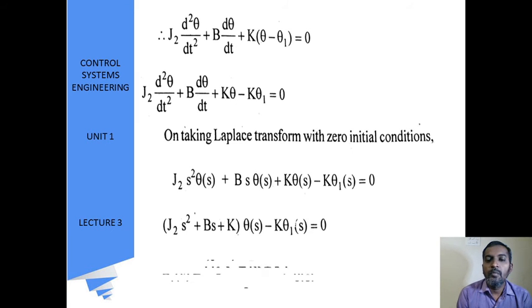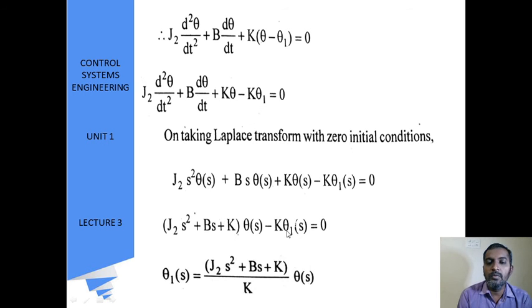Here we are substituting the value of theta 1 of s. So, not from equation 1, we are going to substitute theta of s here. Theta 1 of s is equal to (J2 s square plus bs plus k) by k into theta of s.